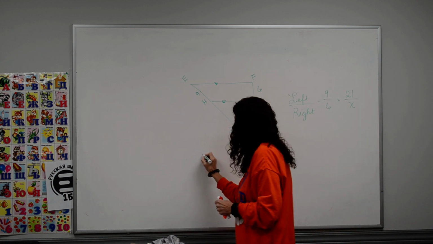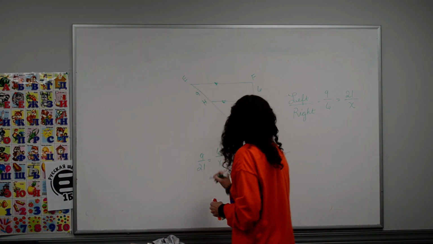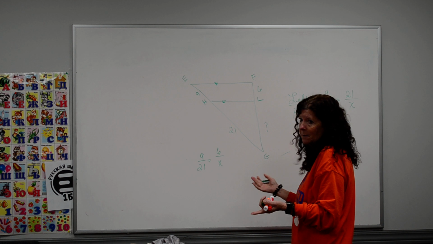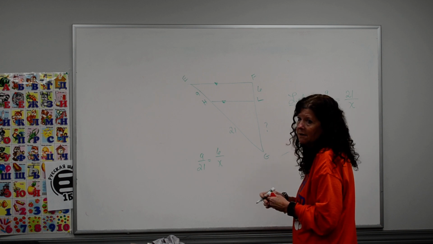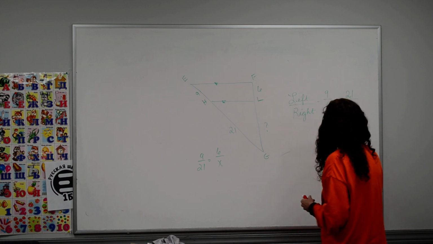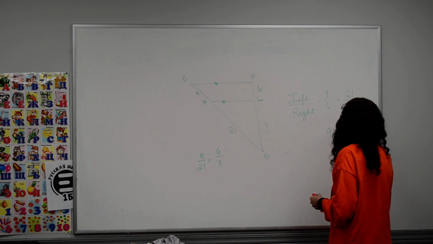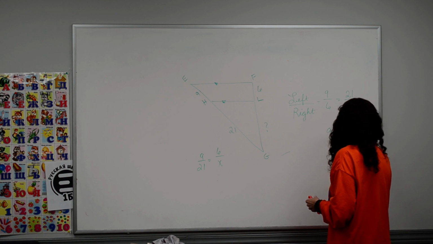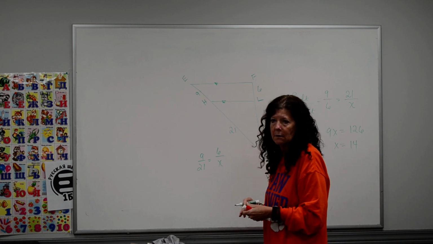Or I could go 9 is to 21 as 6 is to x. Notice it's going to give you the same answer. It just has to do with how you see it. So if I cross product here, I have 9x is equal to 126, 14 times. So that x right there is a 14.